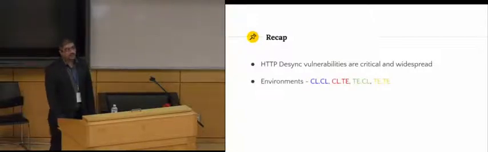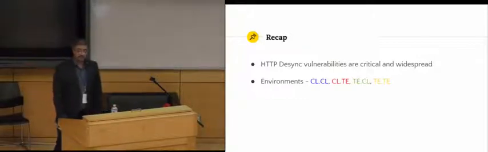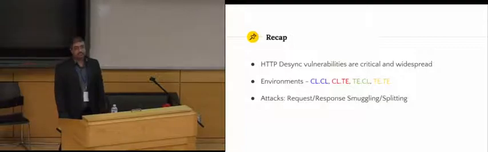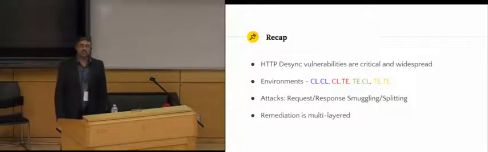There are four different kinds of setups or environments that we usually encounter, four key kinds of attacks that are possible, and remediation is always multi-layered. There's no single fix. It has to be at each layer: the front-end server, the application layer, and the framework layer. That's the way to remediate such attacks.